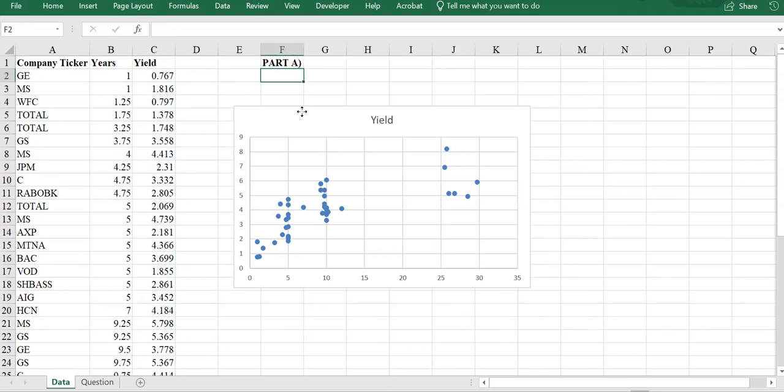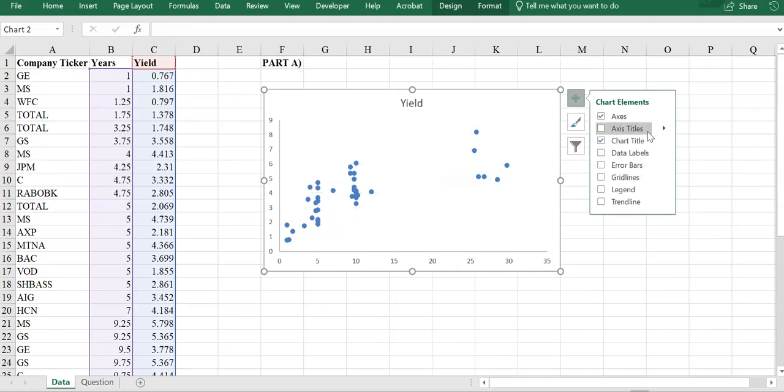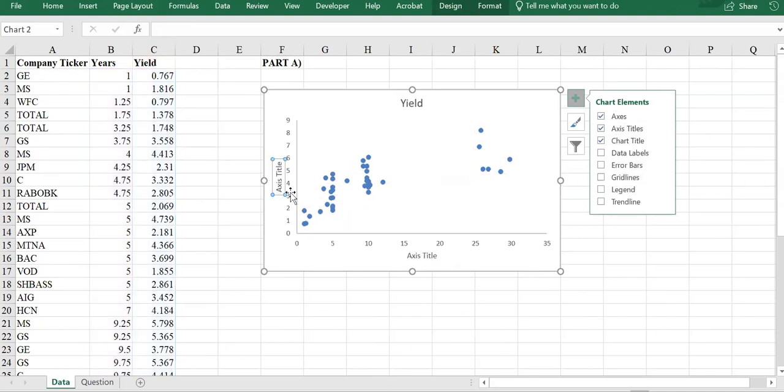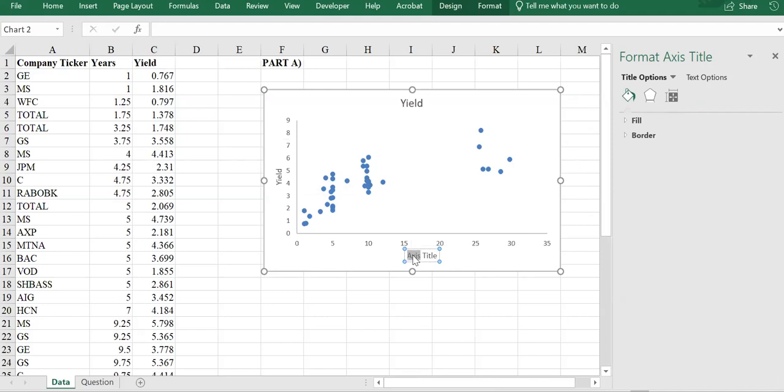For the answer to part A, to make it a little cleaner, I'm getting rid of the grid lines and adding the axis titles. The vertical axis is the second column, yield, and the horizontal axis is years to maturity, or years simply.